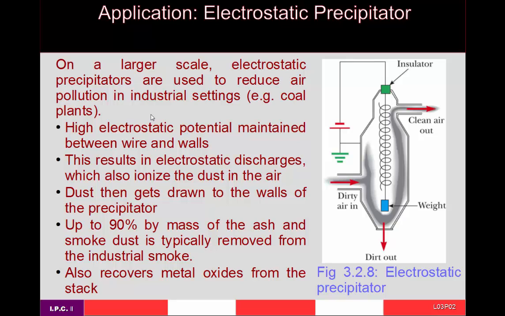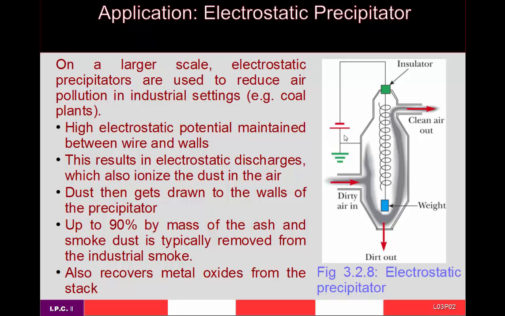So one way of helping to clean up the amount of soot and other pollutants coming out of the smokestack is to use what's called an electrostatic precipitator. There's a nice diagram of one here. So you bring the dirty air in, and what we have here is a battery.